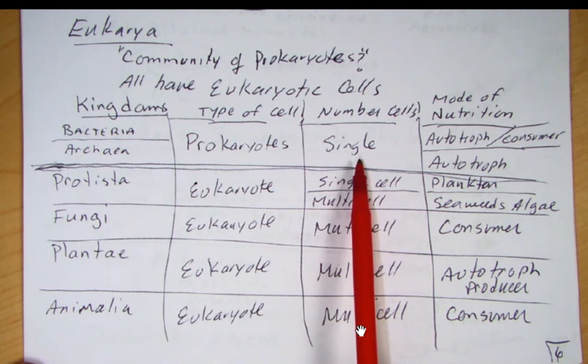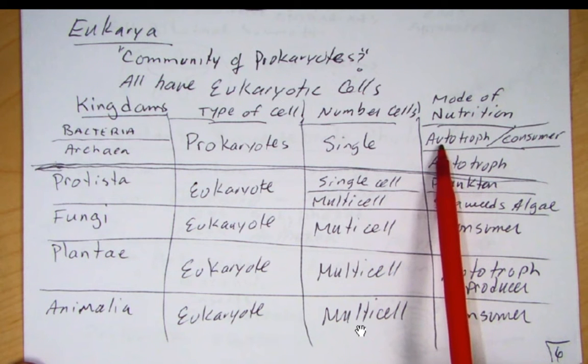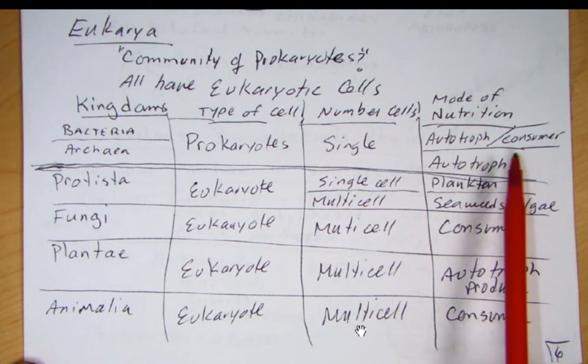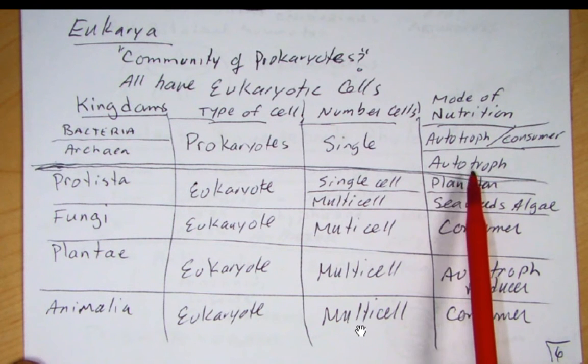They're all single-celled organisms. Bacteria are mostly either going to be autotrophic, which are the cyanobacteria, blue-green algae, or they're going to be the decomposing bacteria, whereas the archaea are primarily autotrophs, right? And they're getting that chemical energy, the chemosynthesis, living in the extreme environments.